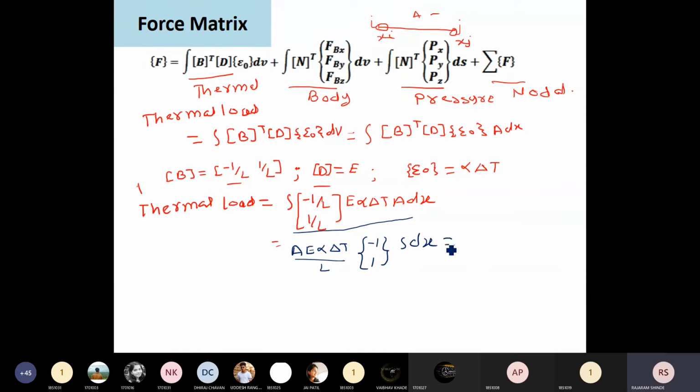Now next one. Integration of dx, again it is the same as the last case. What is integration of dx?